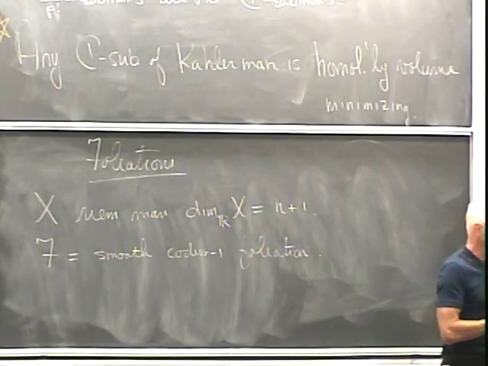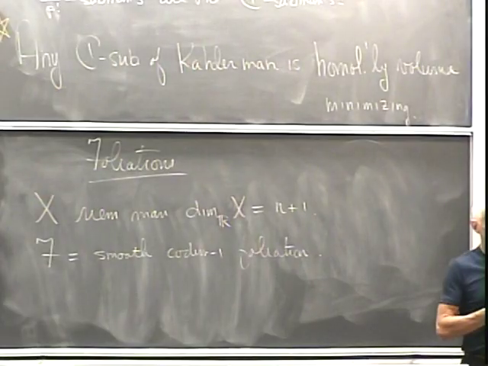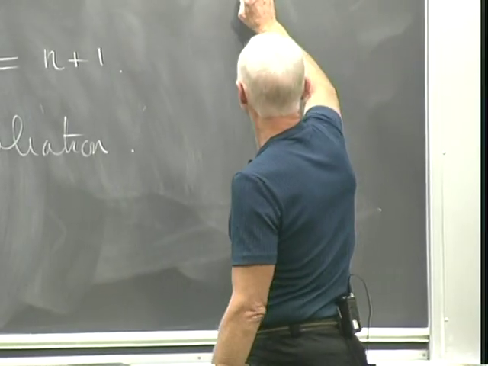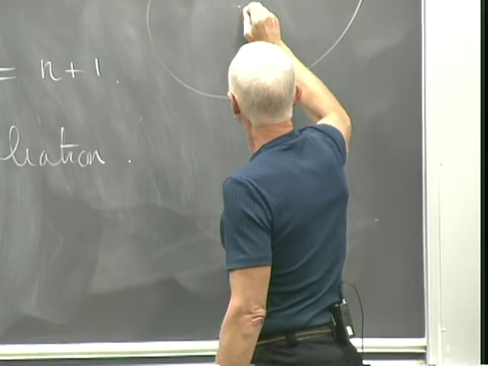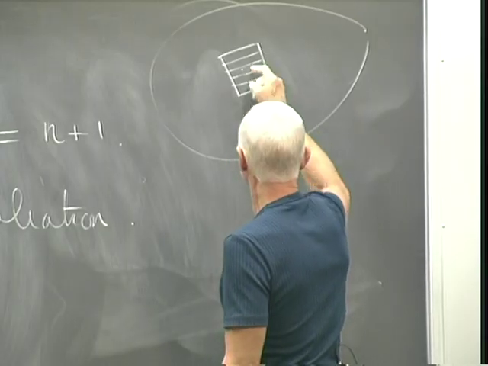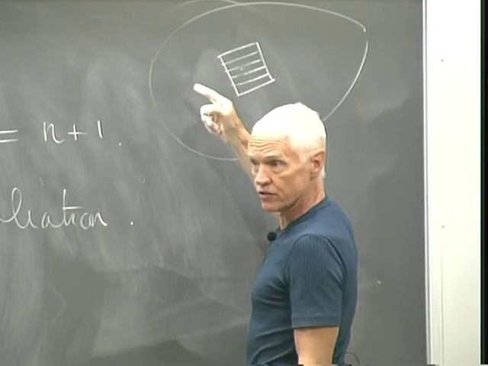I remind you, a foliation is a decomposition of the manifold into submanifolds with the property that at any point you can always find local coordinates so that the submanifolds are given by setting the first coordinate equal to a constant.